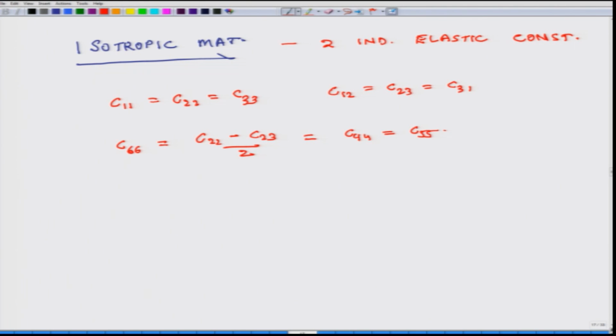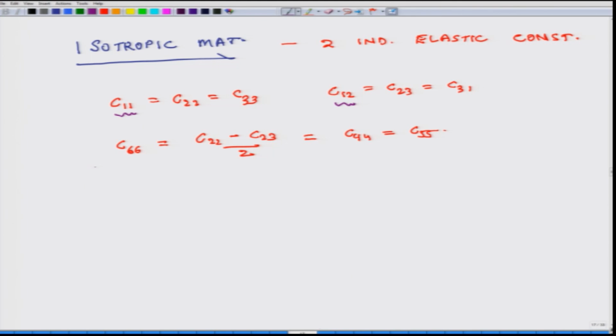So, these are the mathematical relationships. So, you have only 2 independent elastic constants. Suppose you know only C11 and C12, then you can compute everything. You can compute all the other remaining 7 constants. So, isotropic materials have only 2 elastic constants.